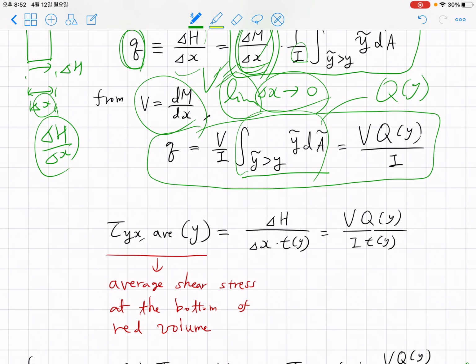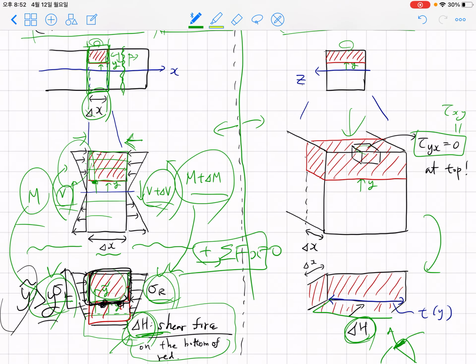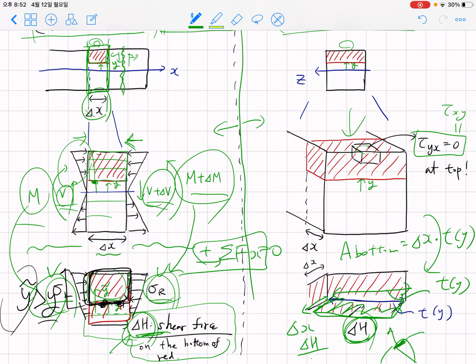Now after obtaining the shear force per unit length, suppose that you have delta H force for the entire bottom surface, and you have delta X, and you have Ty. So the area of the bottom surface is delta X and Ty, and the force for the entire bottom surface is delta H. So delta H divided by A bottom will be tau yx for the bottom surface.